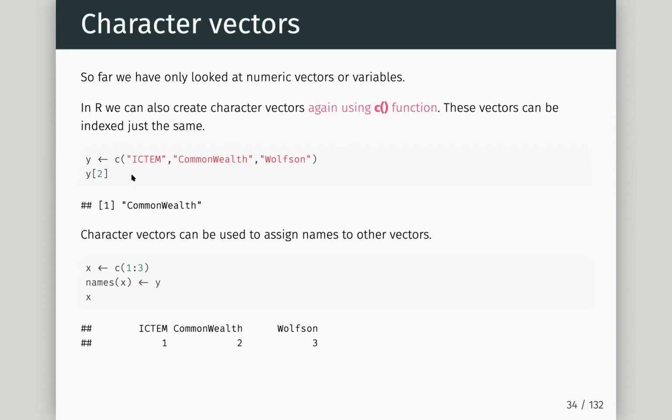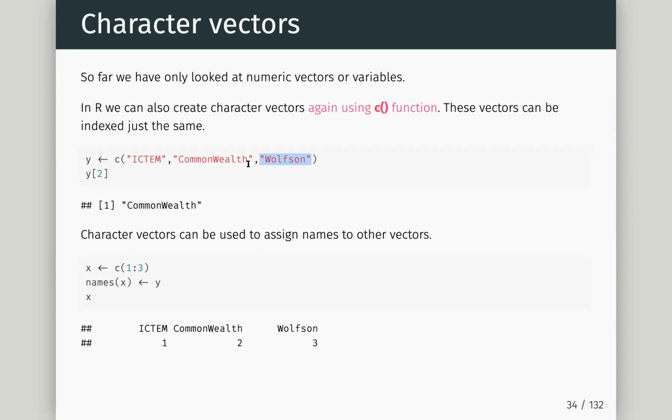Okay, if we want to create a character vector, we have to get our characters which we want to create. So here I'm going to create a character vector containing ICTEM, Commonwealth, and Wolfson. These are 3 buildings in my old place. And we just need to provide these characters in quotes. So ICTEM in quotes, Commonwealth in quotes, Wolfson in quotes.